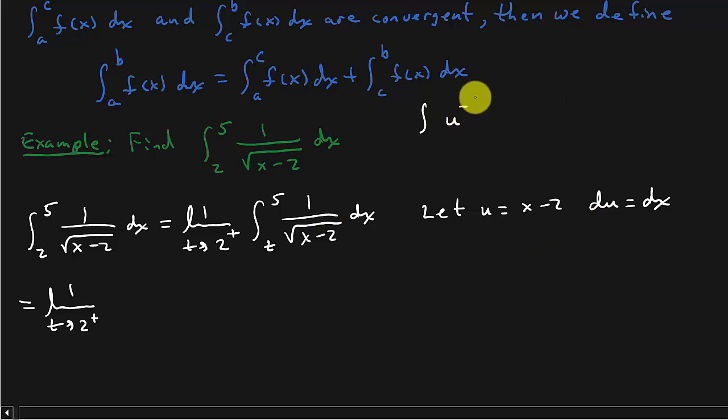So this is going to be u to the negative 1/2 du. See that? I replace this with u, and that's u to the 1/2 in the denominator. Move it up, that's u to the negative 1/2. And then dx is du. And so this is u to the 1/2 times the reciprocal of your exponent, 2. And so this is going to give us 2 times the square root of x minus 2 from t to 5.